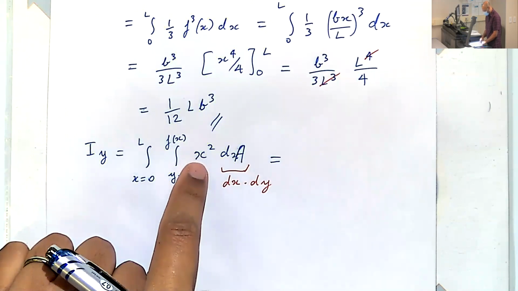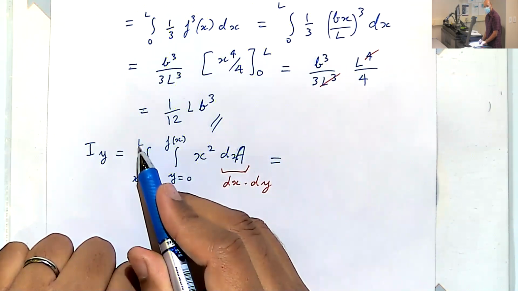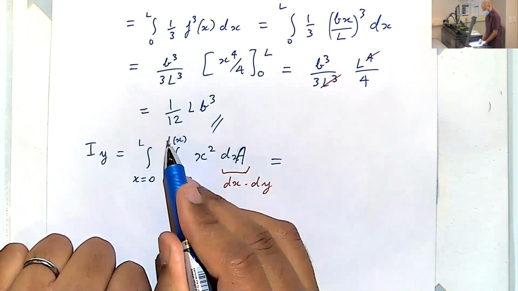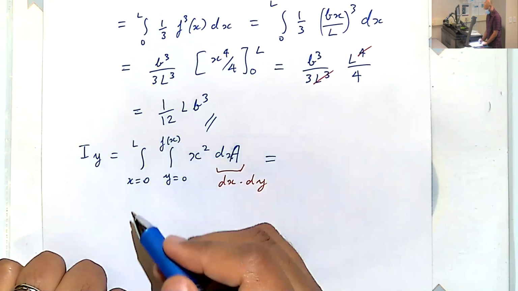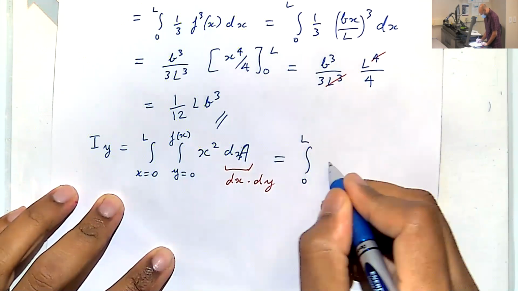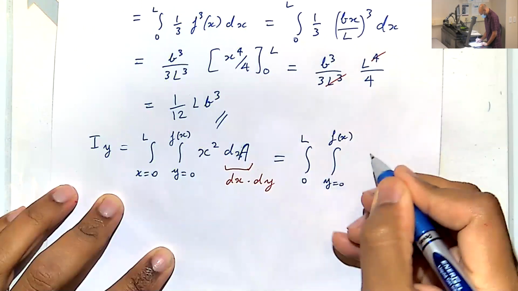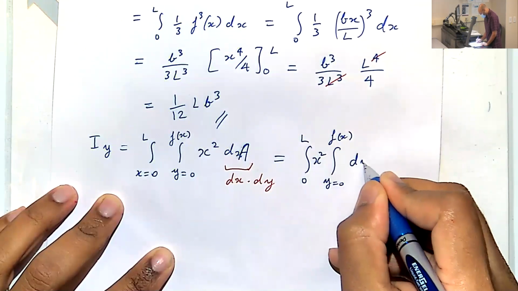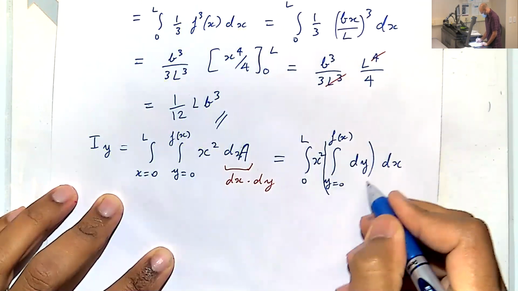Remember, always look at the limits. You see the limits for x are constant, constant. Limit for y not the same. The lower limit is a constant, upper limit depends on x. So we need to resolve that guy first, okay? So we need to leave x alone and we need to resolve y goes from 0 to fx. Well, x squared you can put here and dy dx. So we need to resolve this integral first.